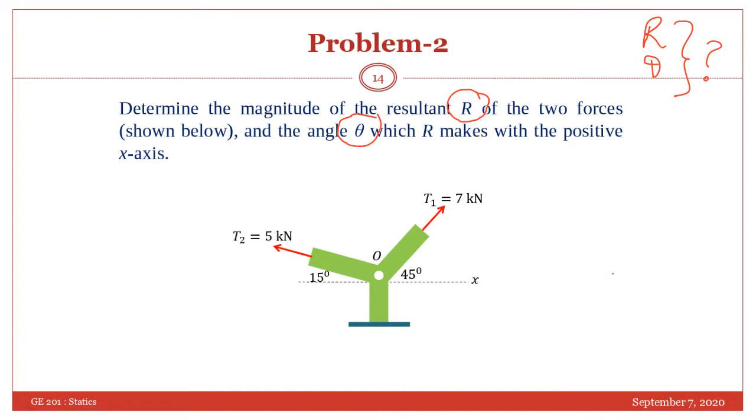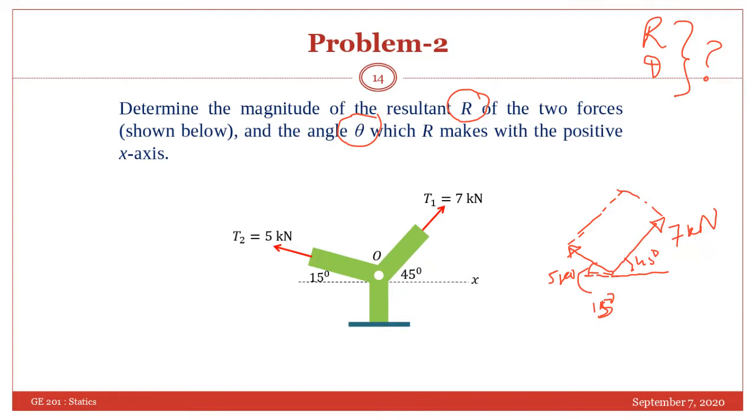So if this is 7 kilonewton and this is 5 kilonewton, this angle is given 45 degree and this angle is given 15 degree. So draw a line parallel to this, another, and draw a line parallel to this force.